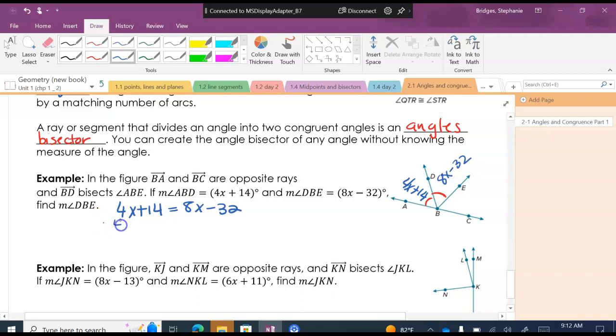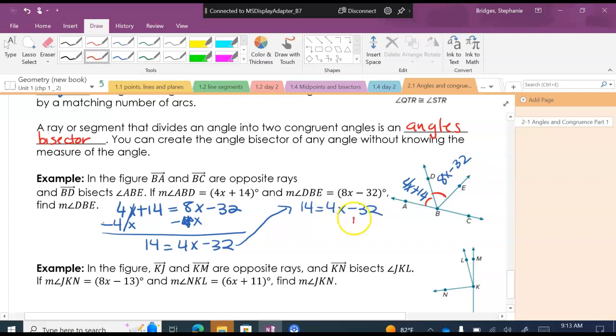I'm going to start by subtracting my 4x over to my 8x. Oops, that's supposed to be a 4. I'm going to come over here because I'm running out of room. Now I'm going to add my 32 over to the other side.